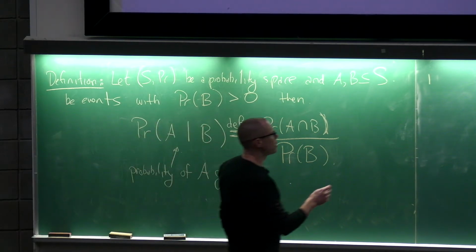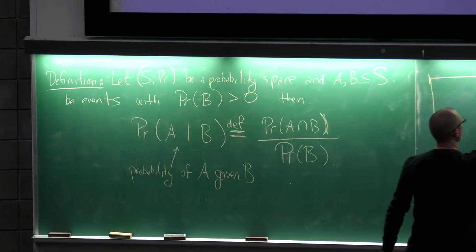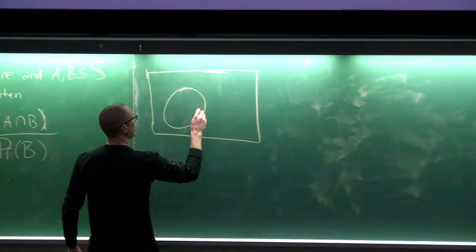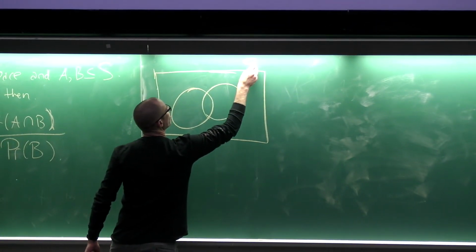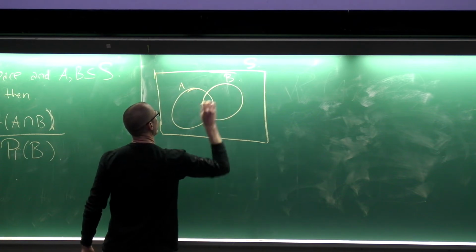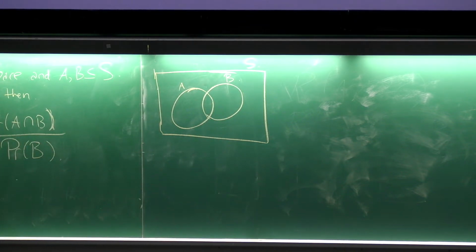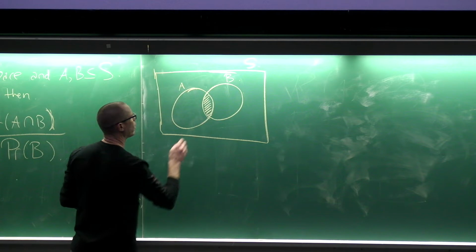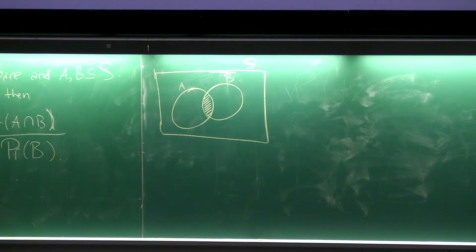So let's look at this thing in terms of Venn diagrams. So generically, we have all the possible outcomes. We have A and we have B. And this formula says the definition of this probability of A given B is you look at the probability of A intersect B. That's this piece here. And you divide that by the probability of B.